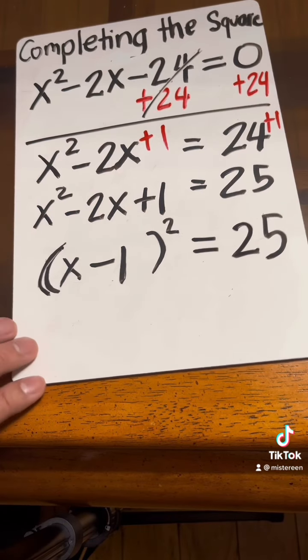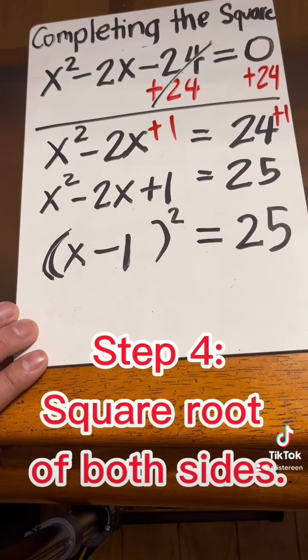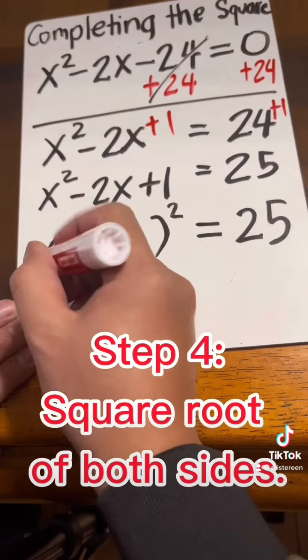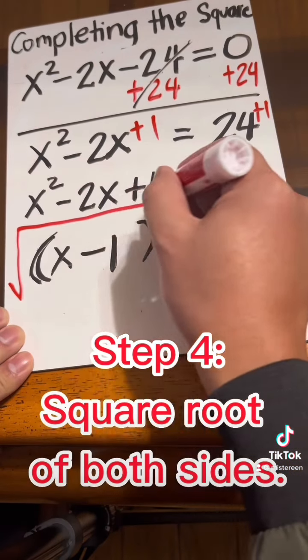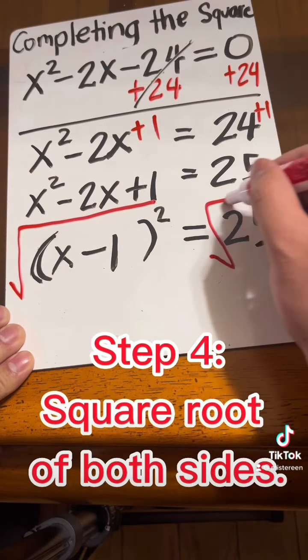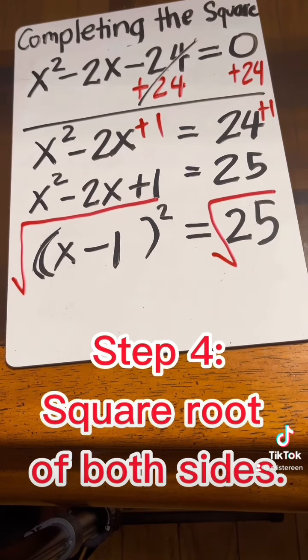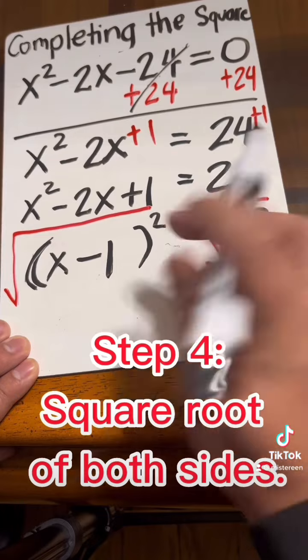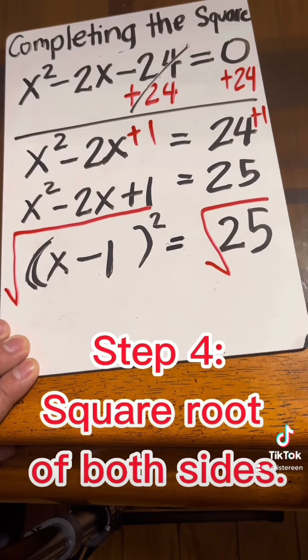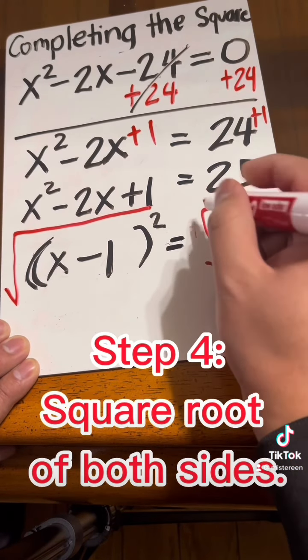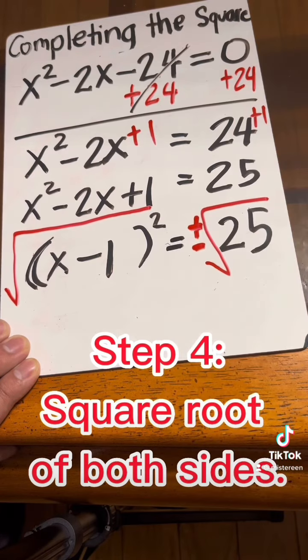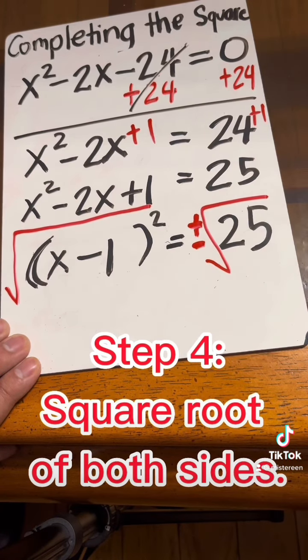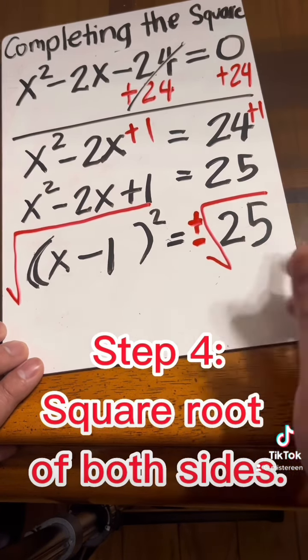Alright? The next step is to get the square root of the left and right side. And if you take the square root of both sides, don't forget that from extracting the square root, there's always a plus and a minus. It appears on the right side, plus and minus. So, let's simplify this.